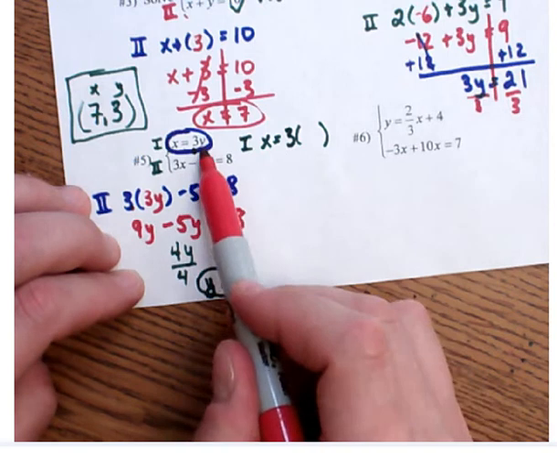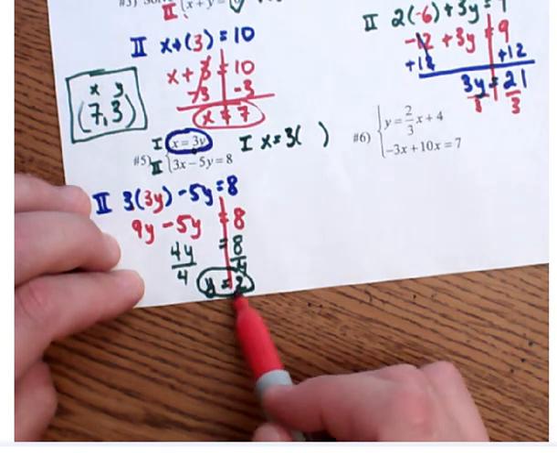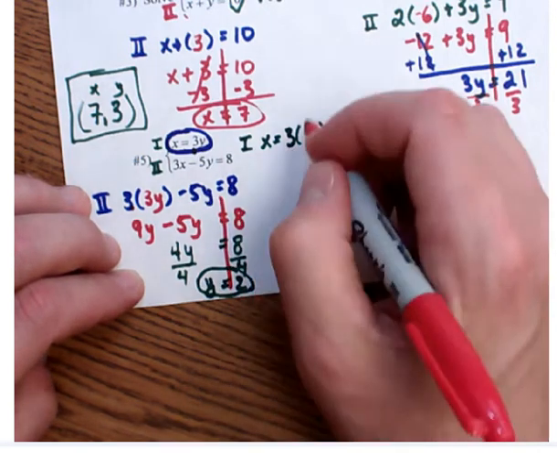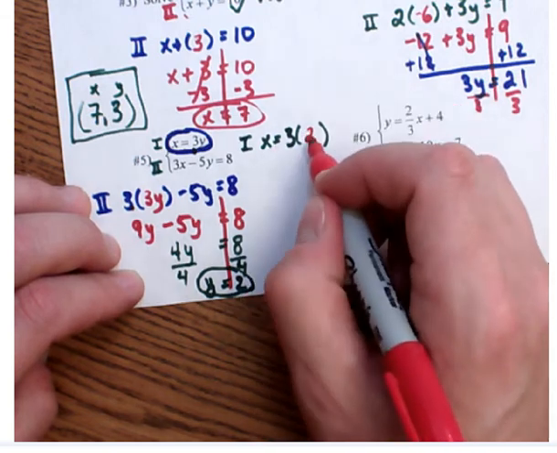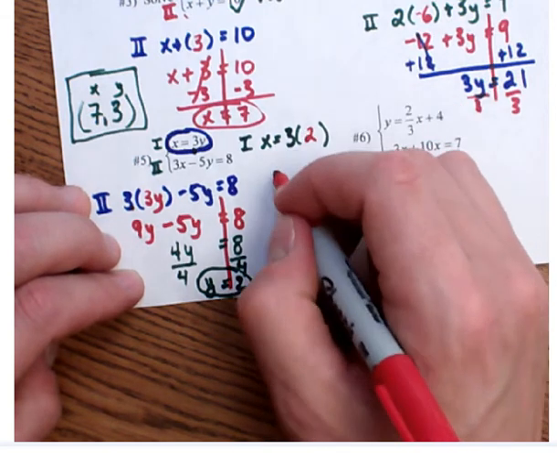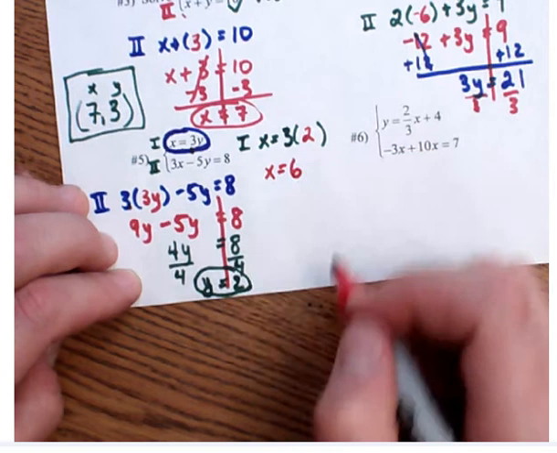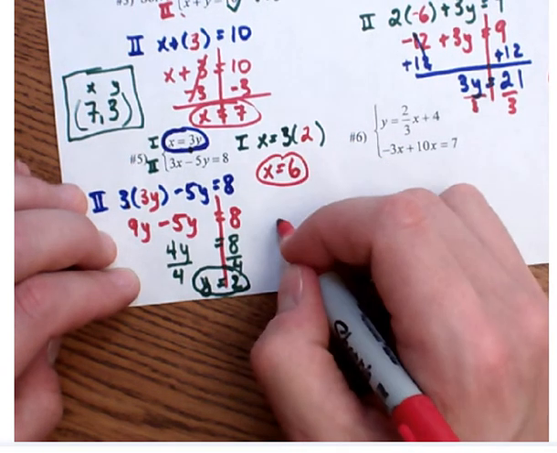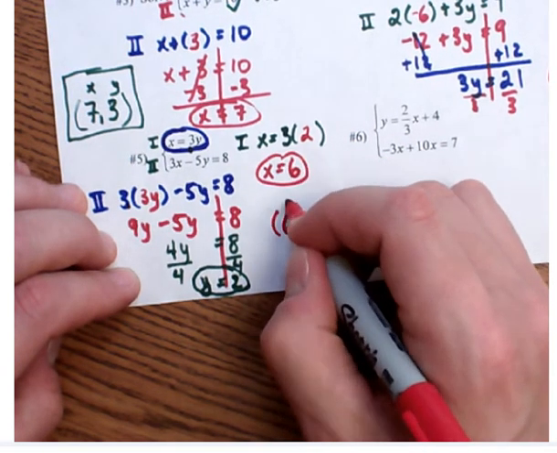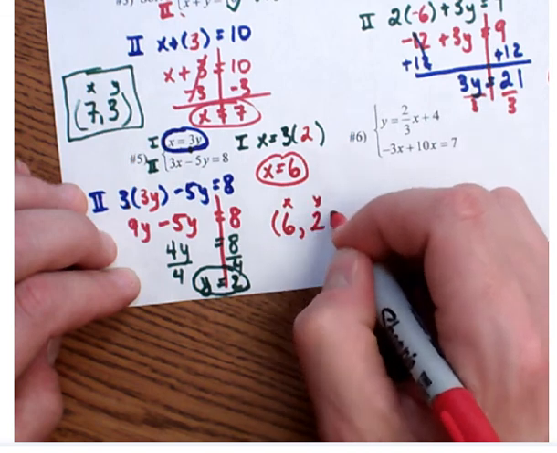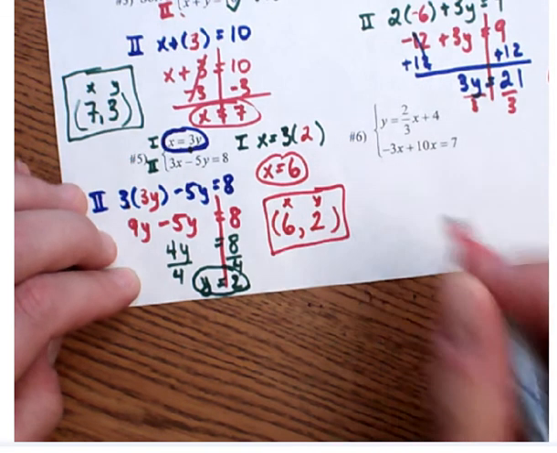X equals 3y. Now what's the y value? We just solved it. Y is 2. So x equals 3 times 2. 3 times 2 is 6. So we get x is 6. So our answer, 6 for x, and then 2 for y. X comma y, there's the solution.